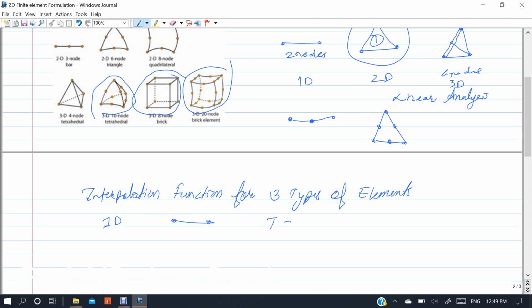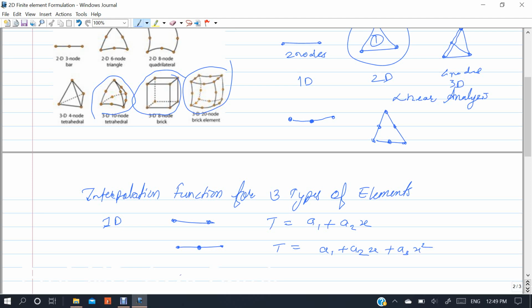T equal to a1 plus a2x. Suppose for complex, I increase a node in between this. So t equal to a1 plus a2x plus a3x square. So this will become a complex type of element.